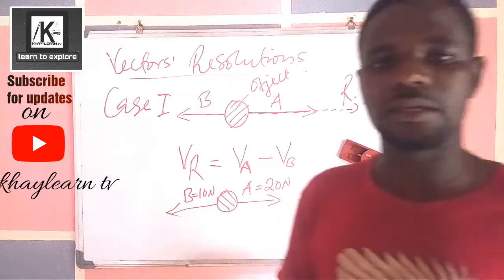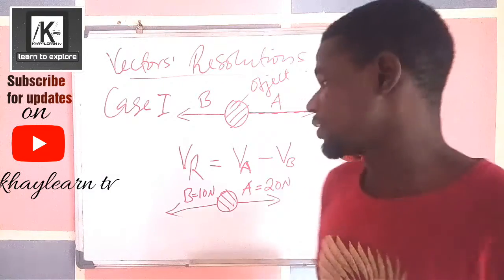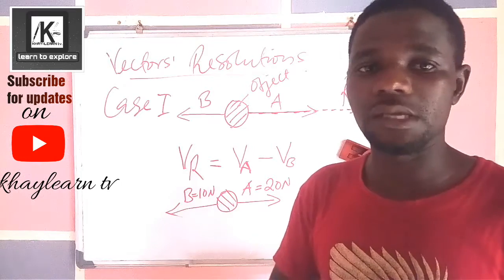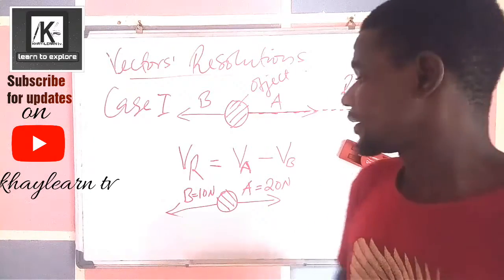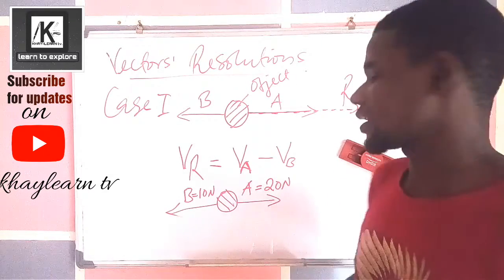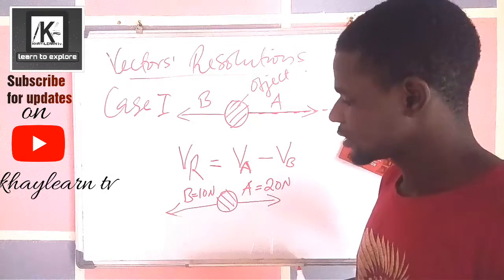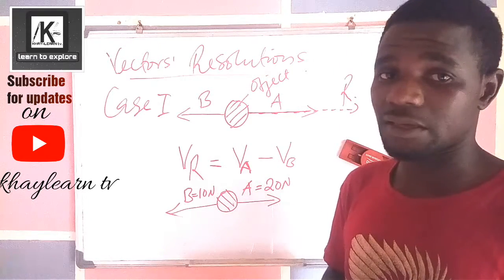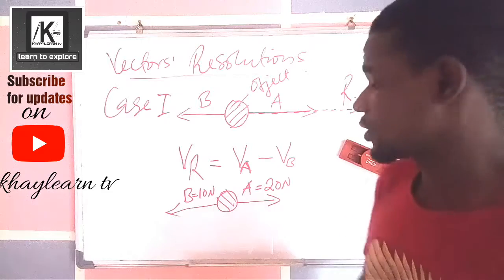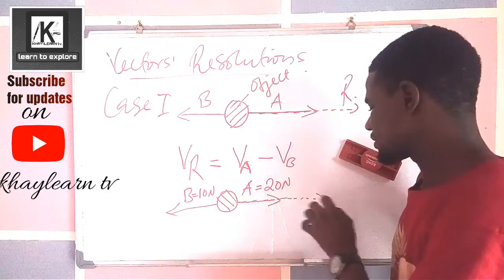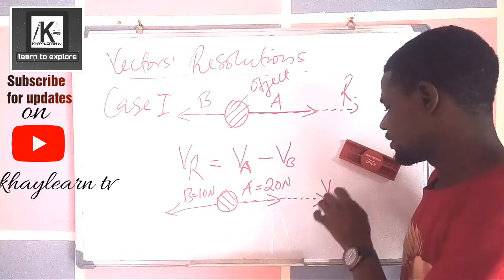Now, automatically, the resultant vector between A and B will be towards the line of A, because A is a greater vector than B. Having 20 Newton as a force, compared to B with 10 Newton, A is greater than B. So the resultant will always be along A's side, which is VR.